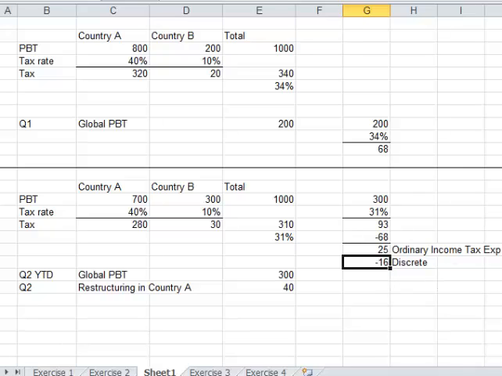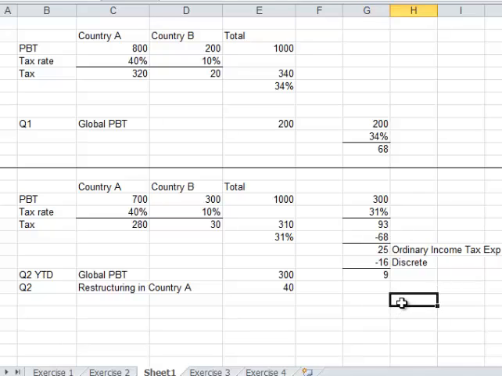So my total provision for the quarter is the quarterly provision on my ordinary income plus the one-time or non-recurring effect of my discrete item. So my provision for Q2 is 9. Okay.